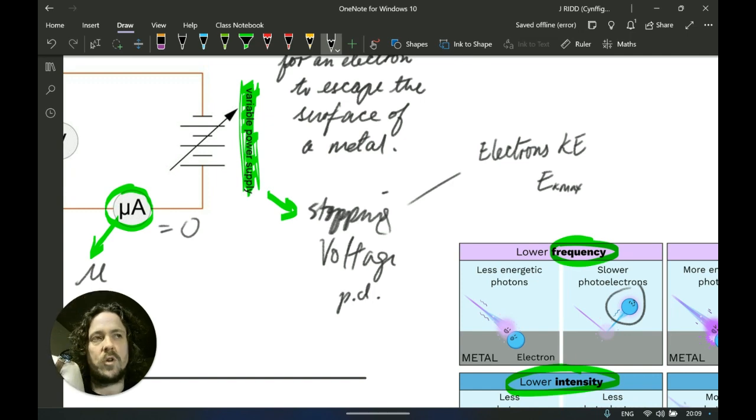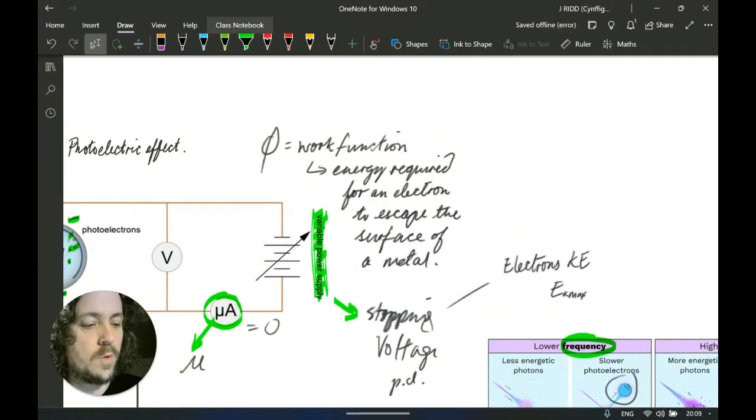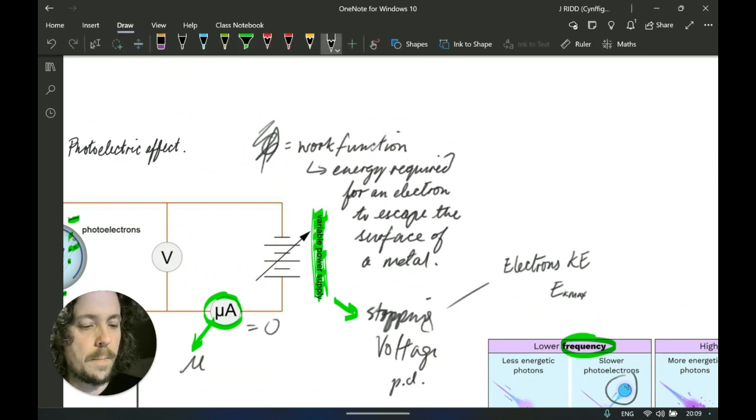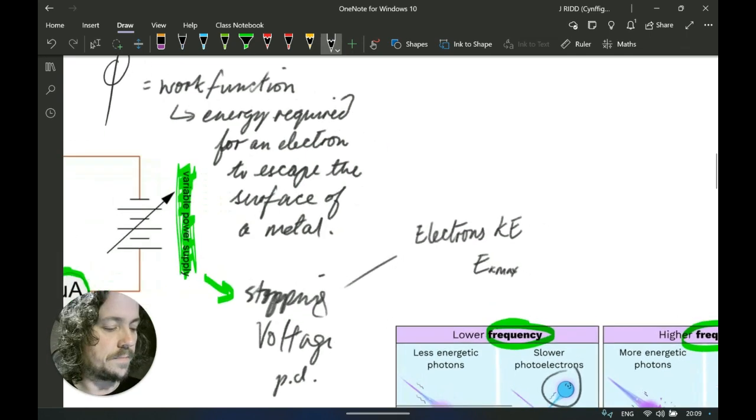So the electrons have absorbed a photon. That photon's given them a kick. They've just about overcome the amount of energy required to escape the surface of the metal, which we call the work function. And then whatever's left over is their kinetic energy.